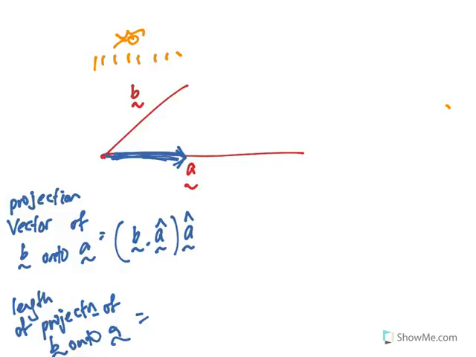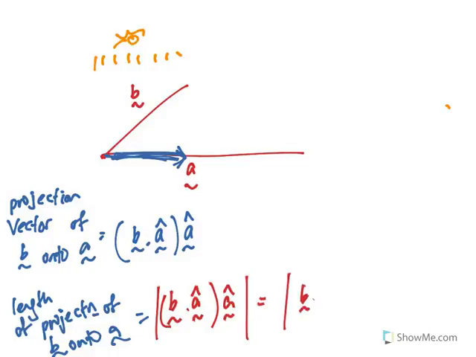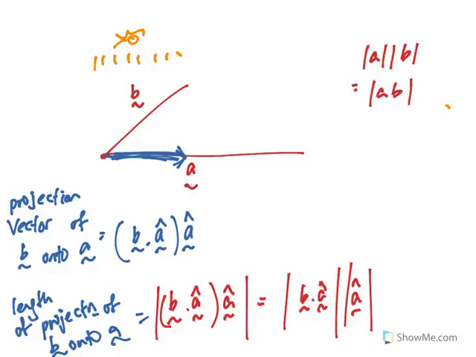But how do we do it? Let's say if I rewrite this, can I say this is the same as this? Yes, because you know the modulus of AB is the same as AB.